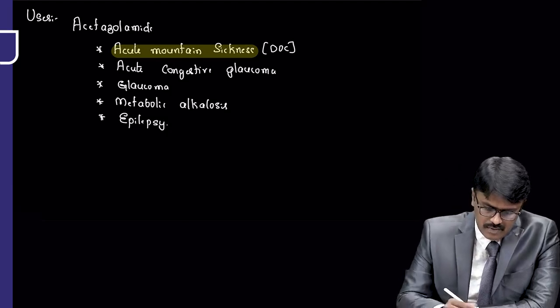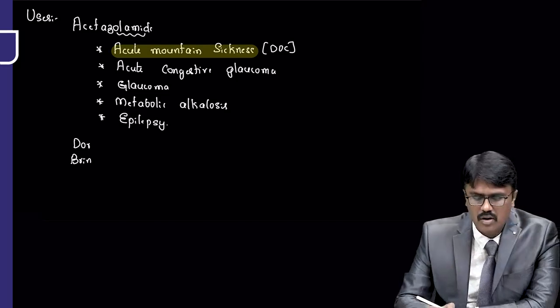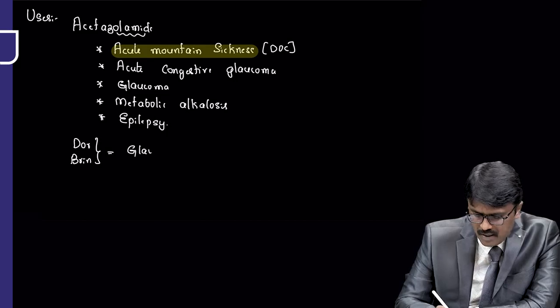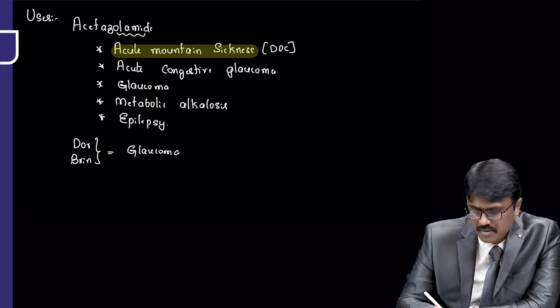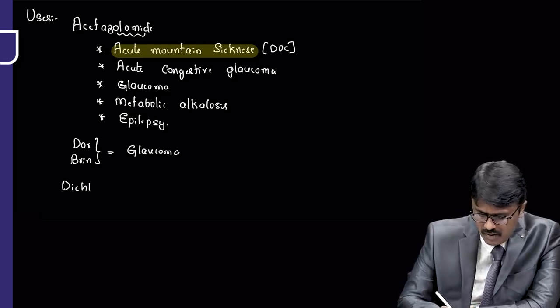Then the other drugs we have discussed in glaucoma, the dorzolamide and brinzolamide, remember them as zolamides. Dorzolamide, brinzolamide, these drugs are used for glaucoma and these are used as eye drops. And we have another drug called dichlorphenamide.